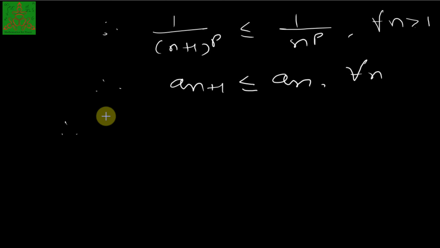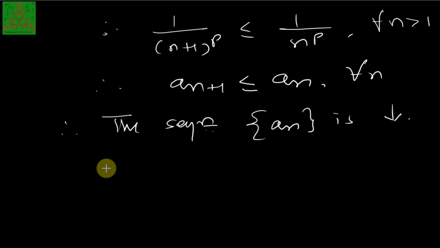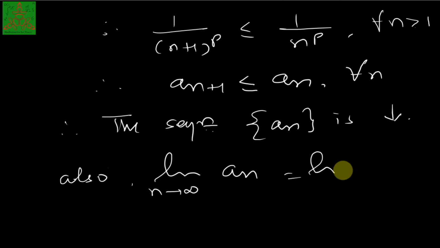So we can say this sequence a_n is a decreasing sequence. Since it is a decreasing sequence, it is satisfying the first condition. Also, the limit of a_n as n tends to infinity, that is the limit of 1 upon n power p as n tends to infinity, is 0.